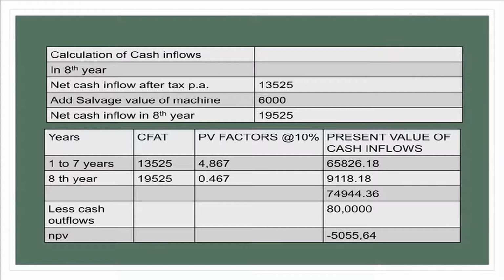We will subtract our initial investment, that is cost of the machinery, as 80,000. So, we will get the net present value as negative 5,055.64. Again we are getting the net present value as negative.